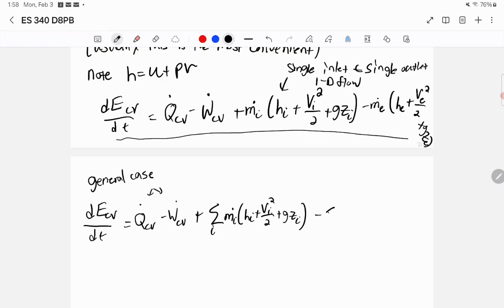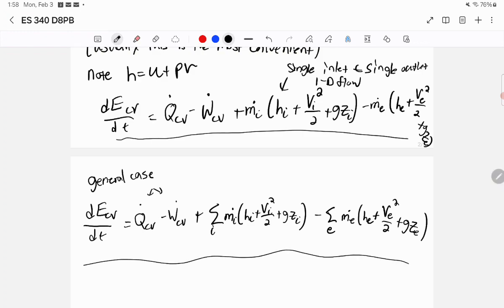Minus the sum over e of m dot e times (h_e plus V_e squared over 2 plus g z_e). So I could have multiple exits or multiple inlets and have to sum up a whole bunch of those terms. That can potentially happen, so keep that in mind when we're dealing with these problems.